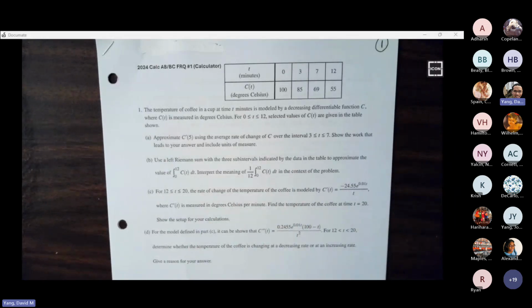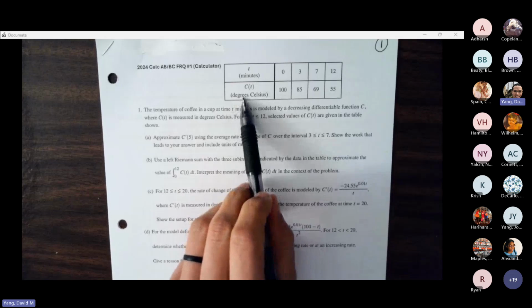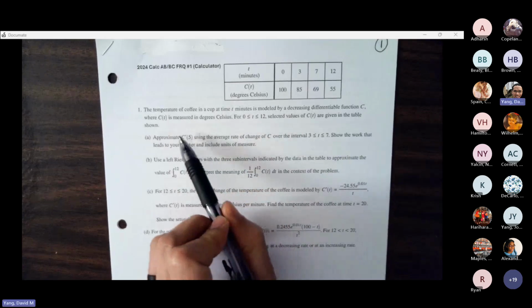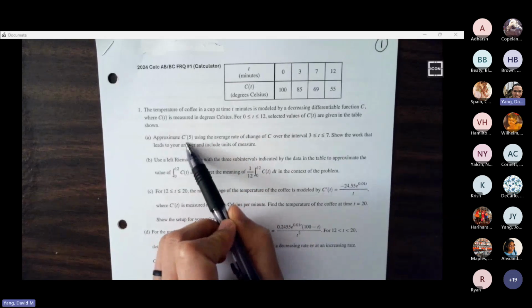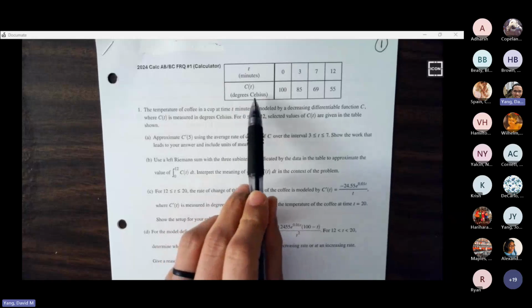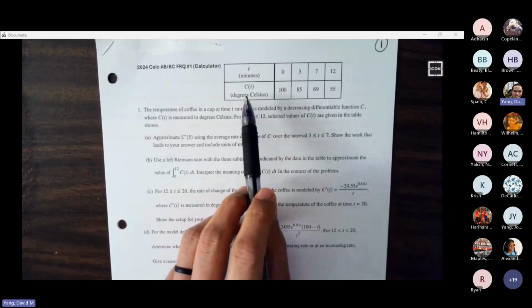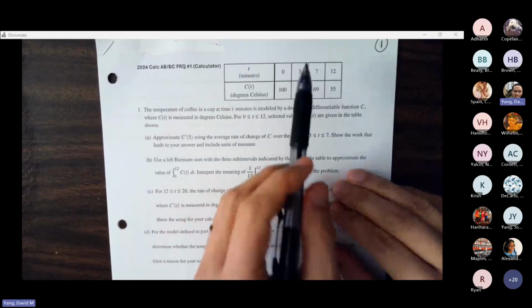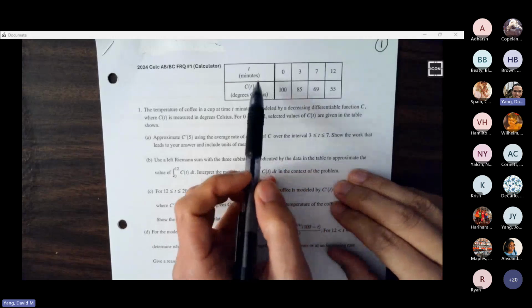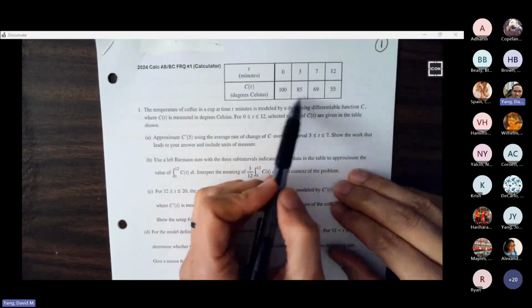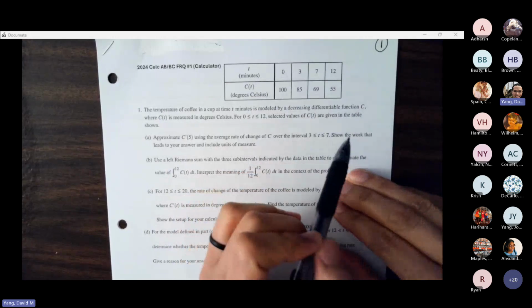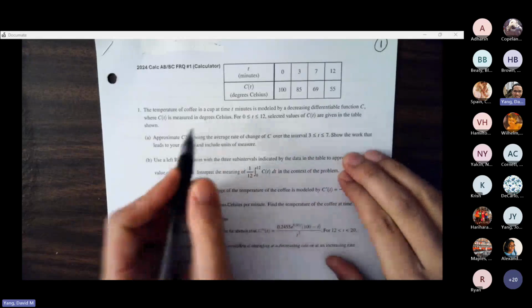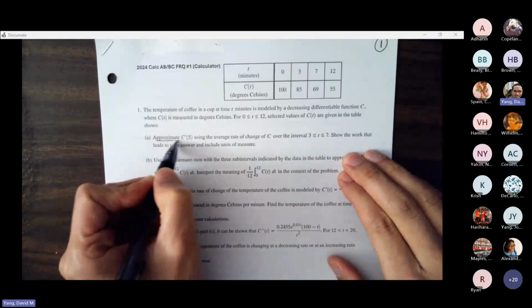So we know that C of t is in terms of degrees Celsius. We know C prime is talking about the rate of change of temperature. Normally we would find the derivative if we had a function, but the next best thing, because we have a limited amount of data, is that we can still find a rate of change. It just asks us to approximate, so we can just do slope.